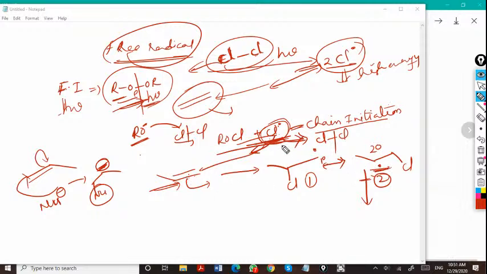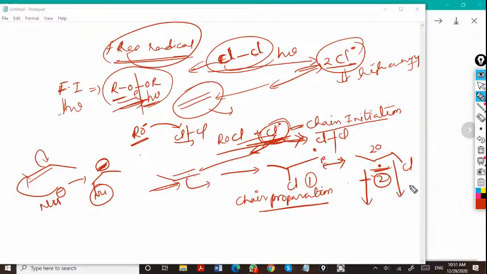Radical formation will keep going, and this is called the chain propagation step, meaning the radical formation propagates until all the starting material is converted into product.